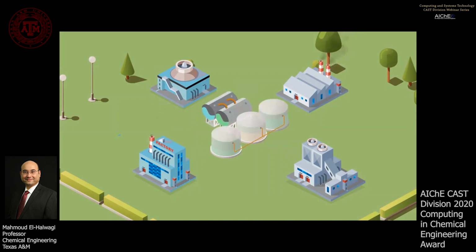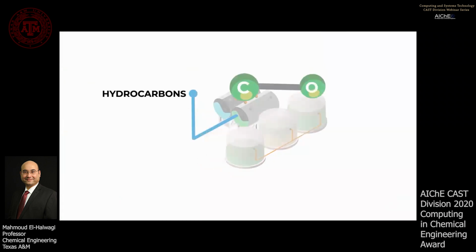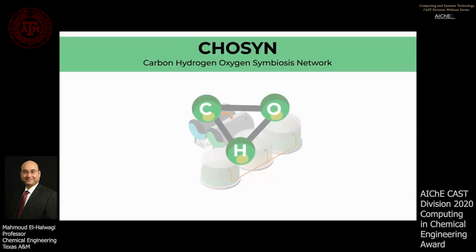But today, there are new symbiotic opportunities that can be realized if we go beyond the exchange of materials in their original form and instead consider the chemical transformations of the exchanged materials to create value-added or more environmentally benign products. A particularly promising class of eco-industrial parks involves hydrocarbon processing, which is the basis for creating a carbon, hydrogen, oxygen symbiosis network, or CHOSEN for short.